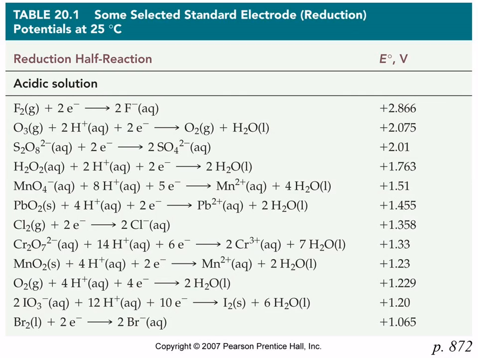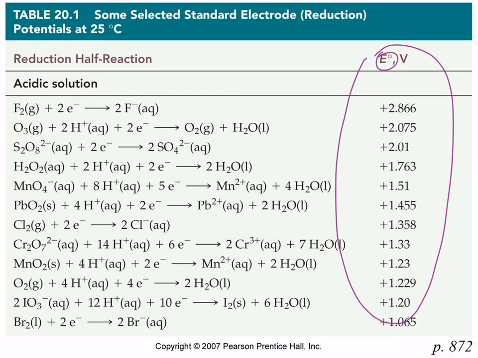I think I have 3 or 4 slides. The first several slides are all half reactions occurring in acidic conditions. At the far right, these are what we call your half cell potentials, and I'm going to put a little RED there.